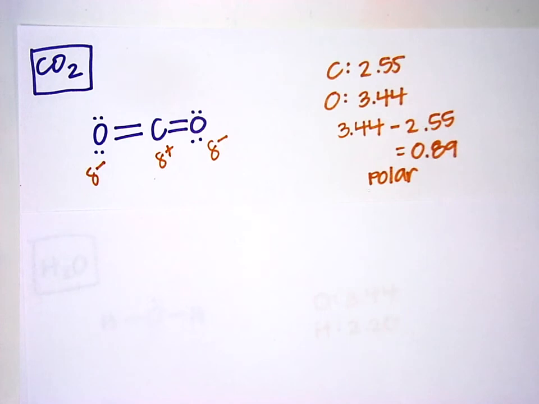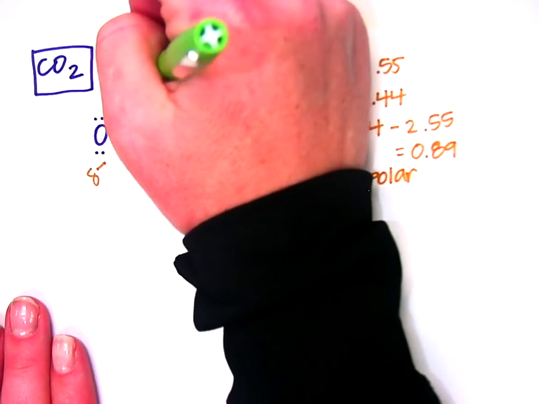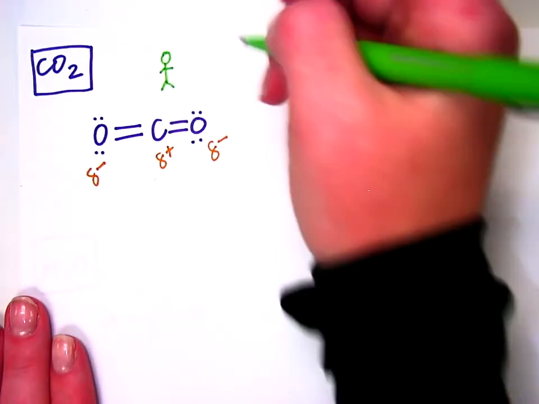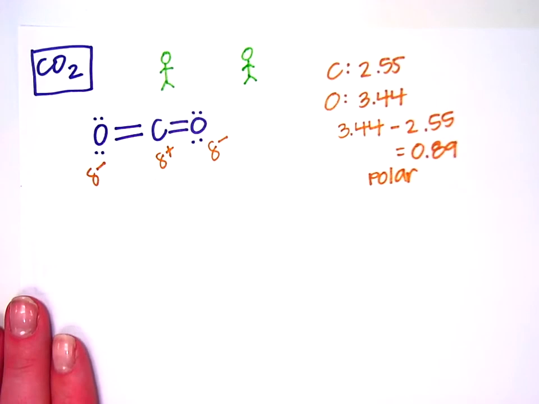Now we're going to figure out the dipole movement. So overall, as a whole molecule, what's happening? If you think about a gigantic game of tug of war, where the negative side always wins. In this case, we have negative oxygen on one side, negative oxygen on the other, and then we have carbon somewhere in between.